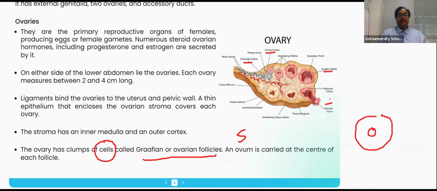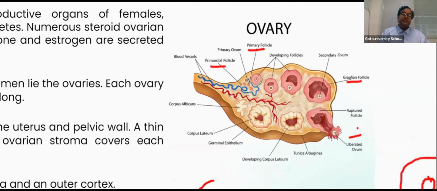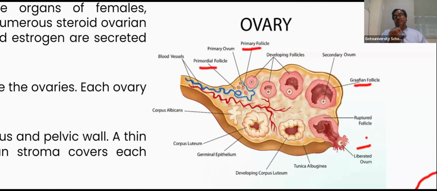Here, tunica albuginea is the outermost layer. Don't get confused. Don't write that corpus albicans and tunica albuginea are both the same. Be very careful. Corpus luteum slowly becomes corpus albicans after giving a lot of nutrients for the entire ovarian cycle, right? So be very careful with all these things.